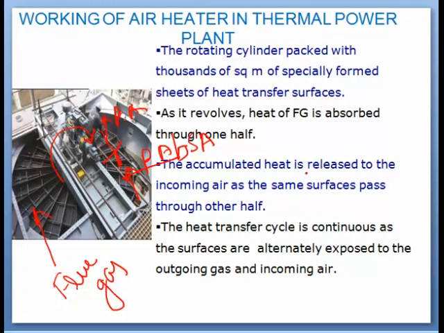So the accumulated heat is released to the incoming air as the same surface passes through the other half. So this is the same surface. After absorbing heat, it passes through this area and in turn transfers its heat to cold air. The heat transfer cycle is continuous as the surface is alternately exposed to the outgoing gas and incoming air.